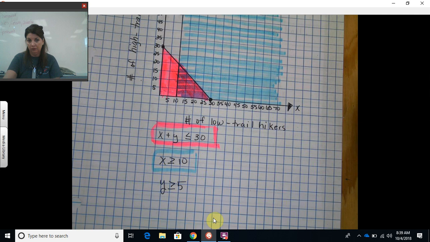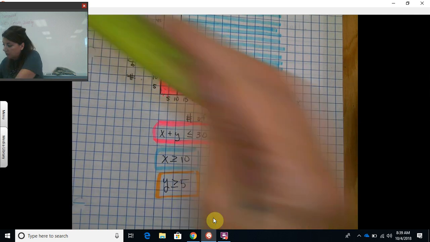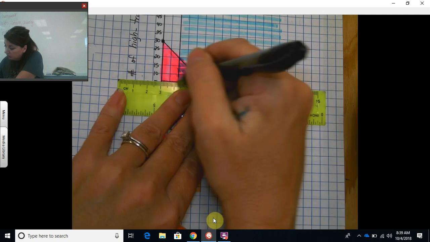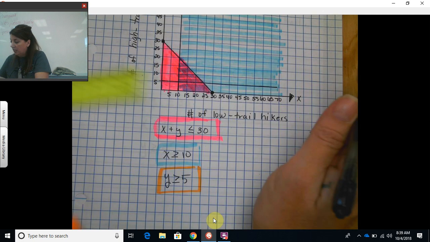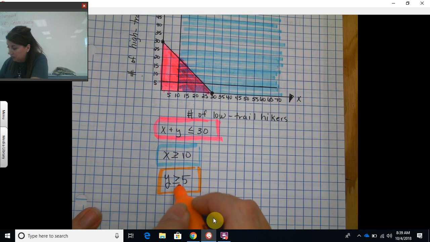What kind of line would that be? Horizontal, and it would cross the y-axis when y equals 5. And would I shade above that line or below that line? Above it, because every y value below that line is not greater than or equal to 5.